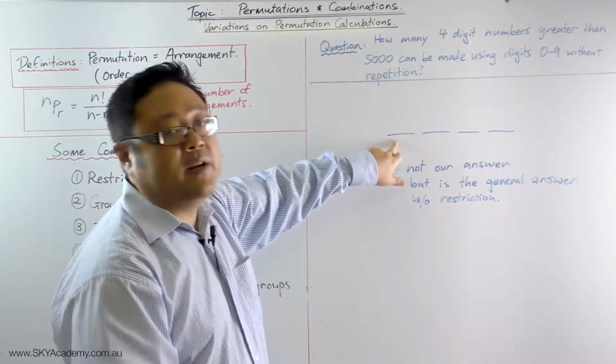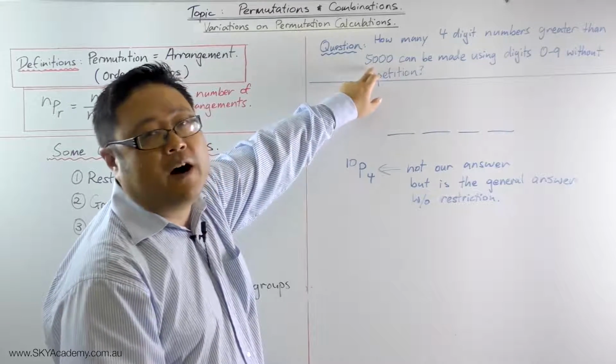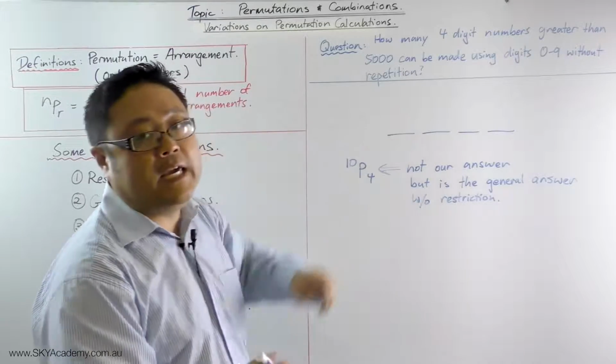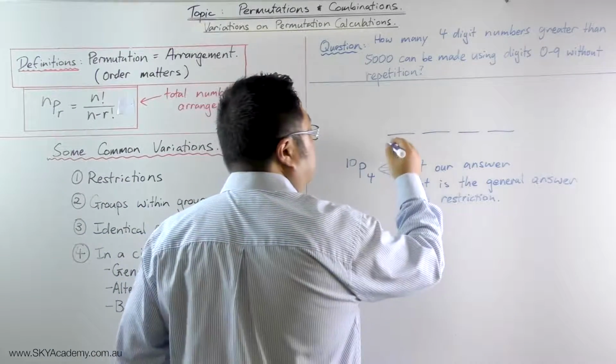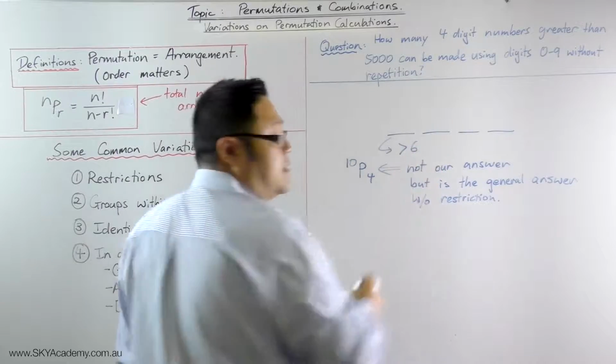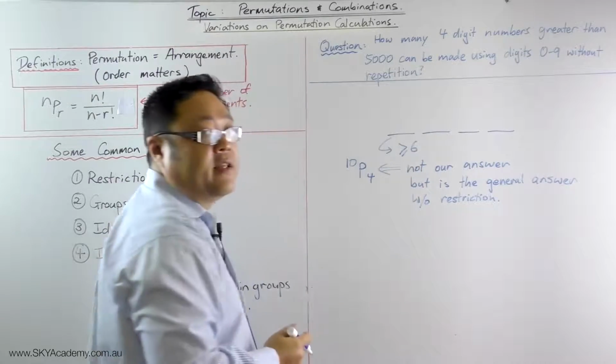Well, the first thing we need to work out is that in order for this to be over 5,000, we want this position here to be greater than or equal to 6.